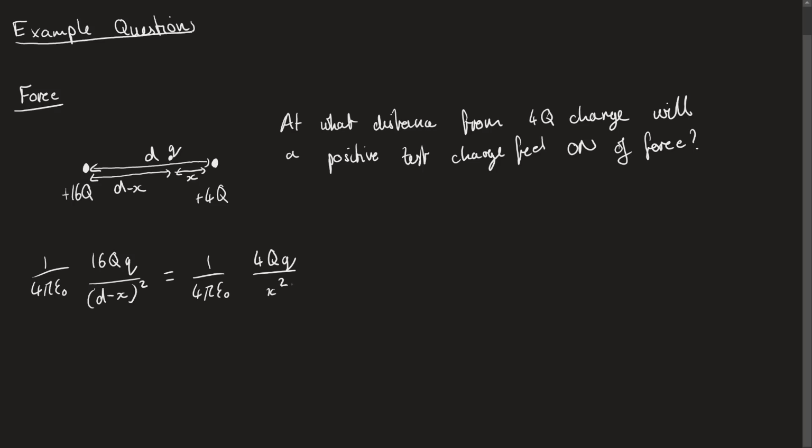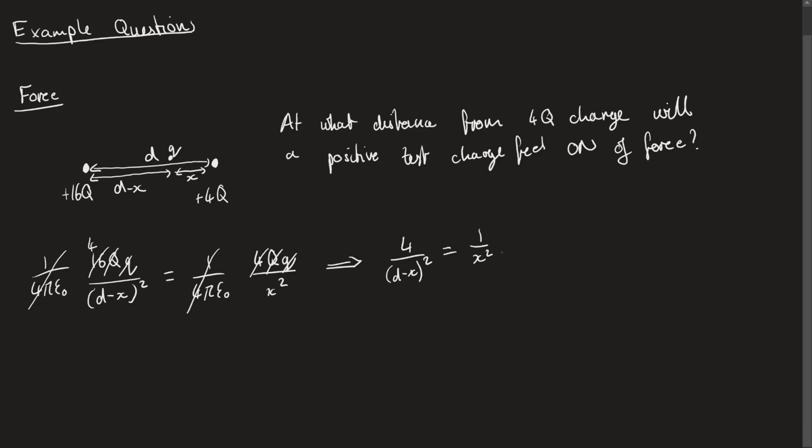Now the first thing we can do is simplify this expression. We can cancel the whole factor of 1 over 4 pi epsilon naught, cancel both q's on both sides, and divide both sides by 4. So this becomes 4 over d minus x squared is equal to 1 over x squared.